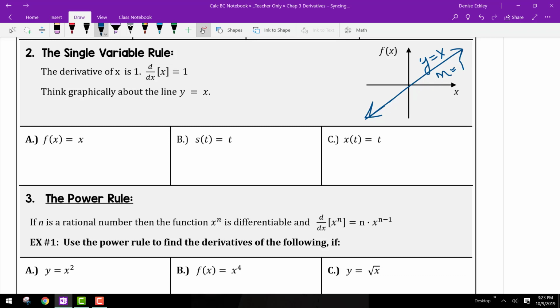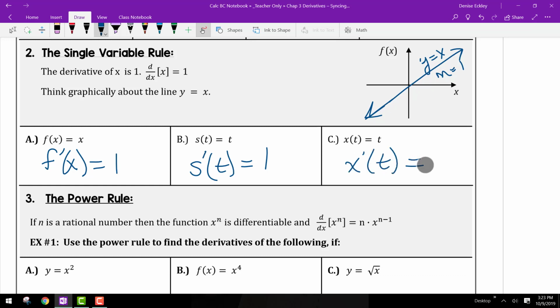That means the derivative of the line is going to be 1. So again, no matter what notation you use, f of x, f prime of x will be 1, s of t equals t, s prime of t will equal 1, and x of t, x prime of t will be 1.